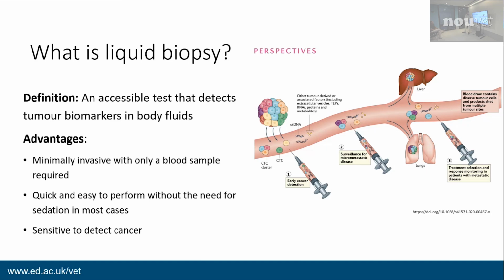That can be used for early detection of cancer, for surveillance for micrometastatic disease, or to see what type of treatment can be used for the patient, using the liquid biopsy instead of tumor sequencing. And what is also important is you can identify early measurements of any kind of resistance to treatment, even before you see that in the patient.